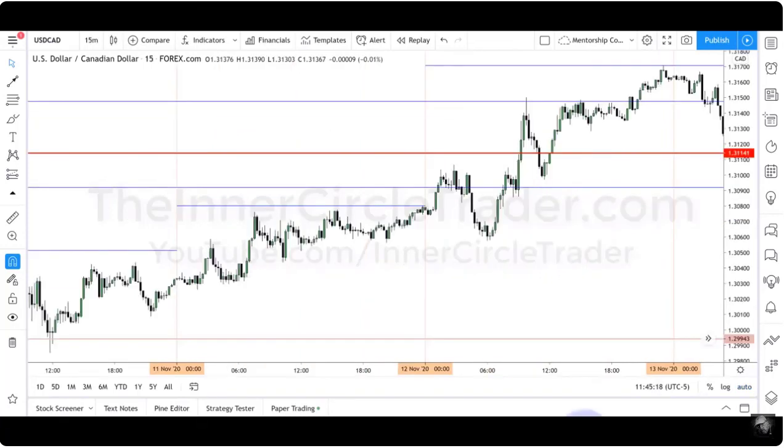Here is the 15-minute time frame of that dollar CAD, and we can see the short little lines are always going to be individual daily highs. The elongated blue lines are going to be those old liquidity pools that we're looking for price to trade up into. So on the 11th, we have price trading in here. And again, all I'm annotating here is this candle's high, which makes that high.